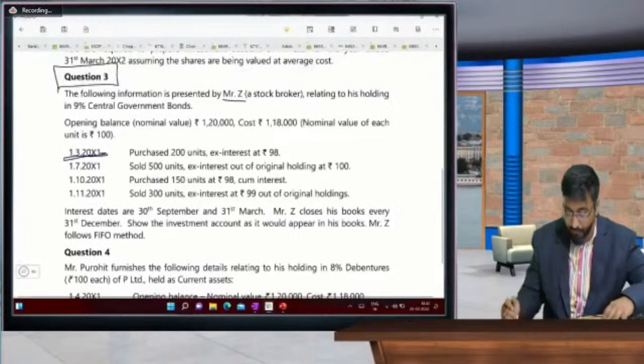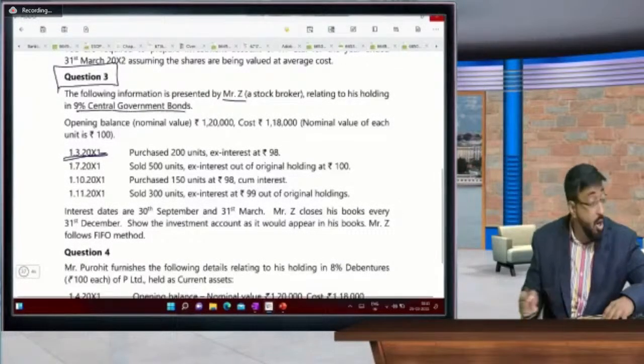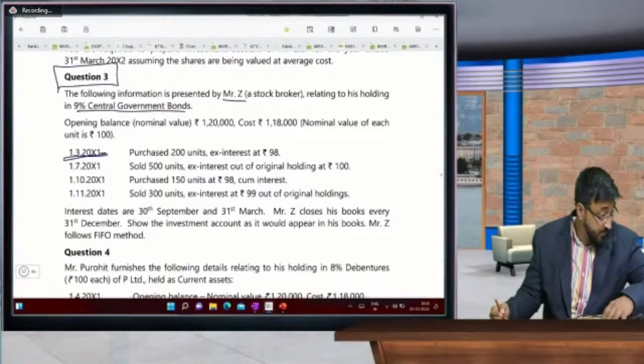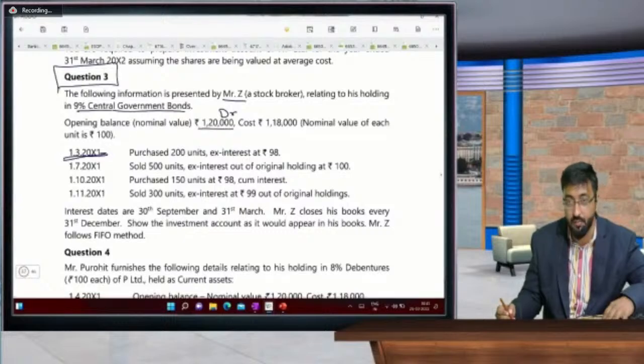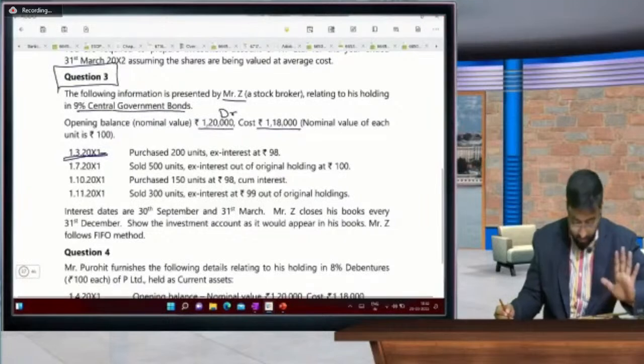The following information is presented by Mr. Z. Please now understand first and then write it. Relating to his holding in 9% central government bonds. Opening balance, debit. Now this is face value, 1,20,000. And cost is 1,18,000. Wait.